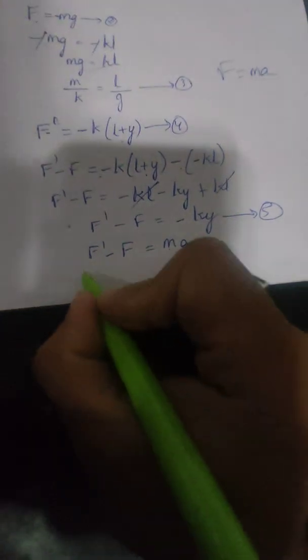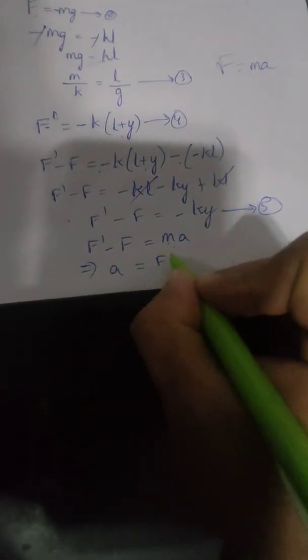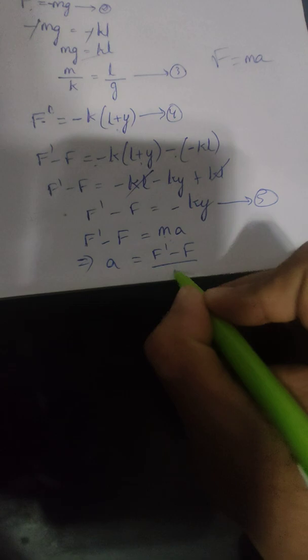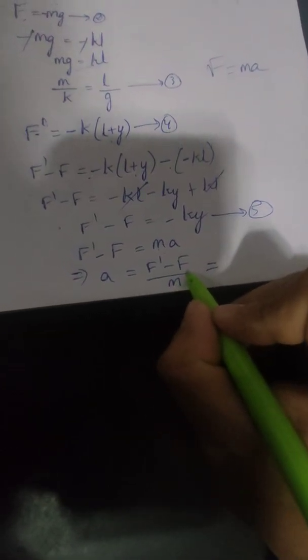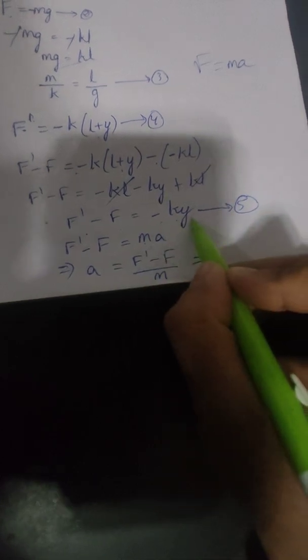Then a will be equal to F dash minus F by m, right? So what is F dash minus F? F dash minus F is minus KY, right, from equation 5.